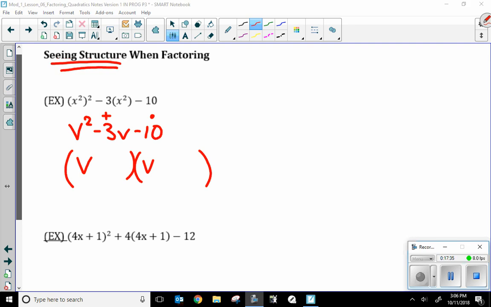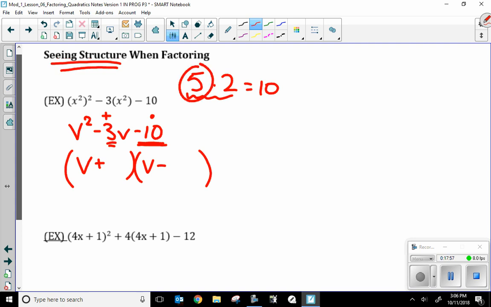I know if I need to multiply to get a negative number, I need to multiply a positive times a negative. So different signs. What are two numbers that multiply to be 10 that are different by 3? 5 times 2 is 10. They are different by 3. So which number is which sign? The biggest number is the sign in the middle. My 5 should be negative, and my 2 should be positive.